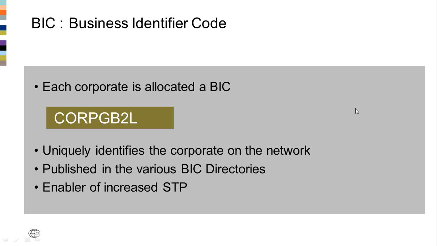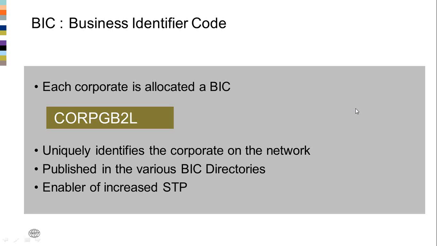Well, just to be really clear, corporates that join SWIFT actually get their own BIC that will uniquely identify the corporate on the network. It's essentially the address of the corporate on the SWIFT network, and it's needed to identify the corporate as either the sending or the receiving party in any SWIFT exchange.